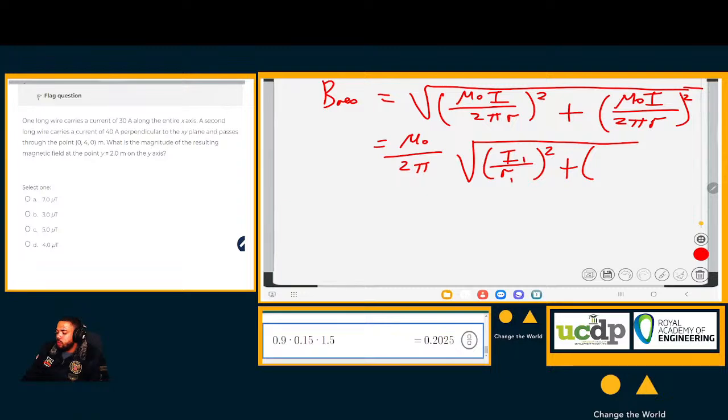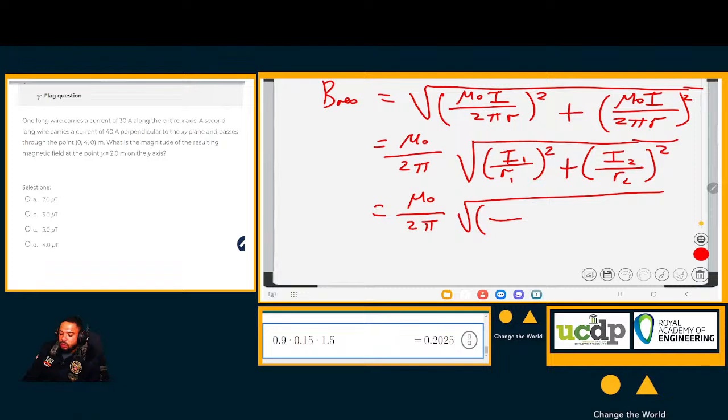This is I1 and R1, and this is for I2 and R2, the second conductor. Now if we plug in all of our values here, where I1 is for the first conductor, it is 30 amperes, and this conductor is a distance of 2 away. We square that.